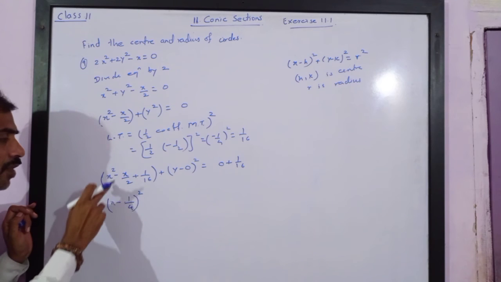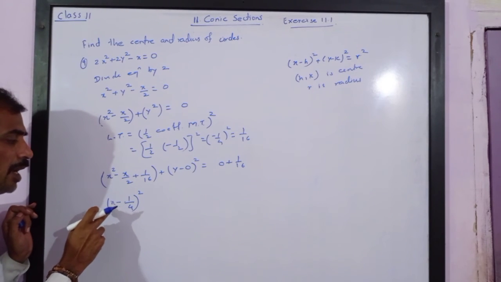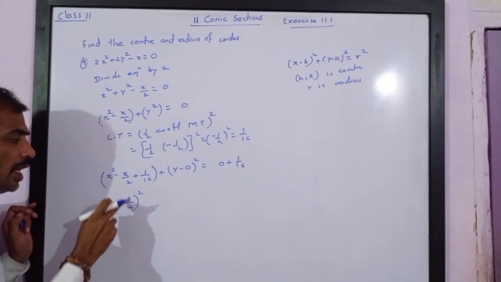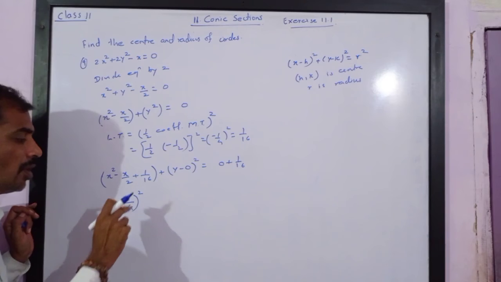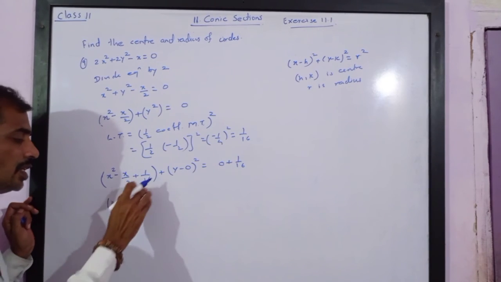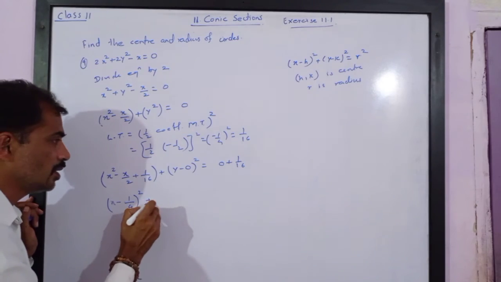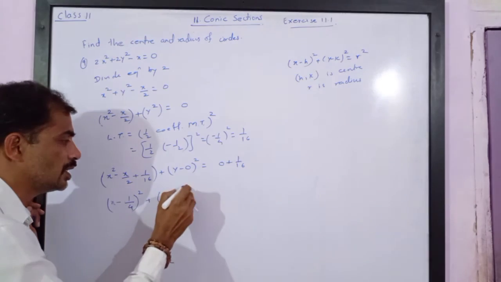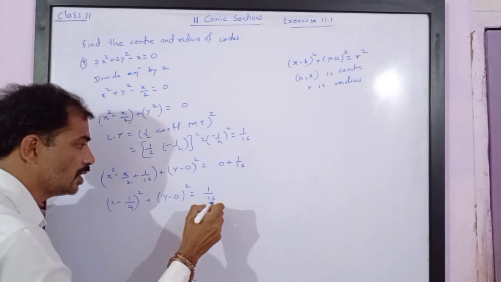That is the square of the first, 2 multiplied by first and second. If you multiply by 2 to this, you will get x upon 2. And the square of the second is 1 upon 16. If you square 1 upon 4, you will get 1 upon 16, plus y minus no number is 0, is equal to 1 upon 16.